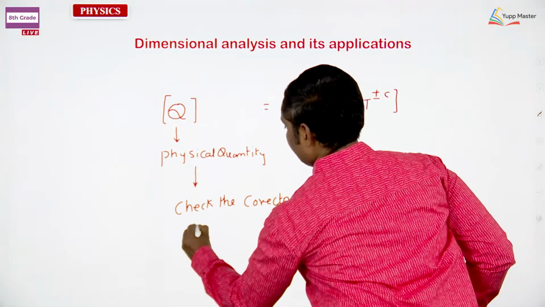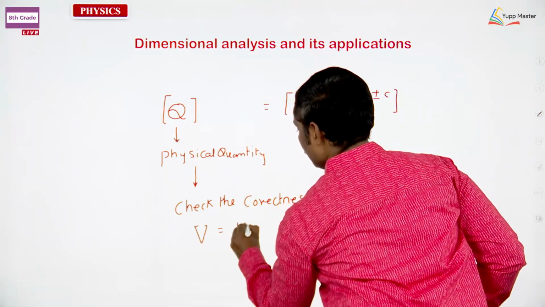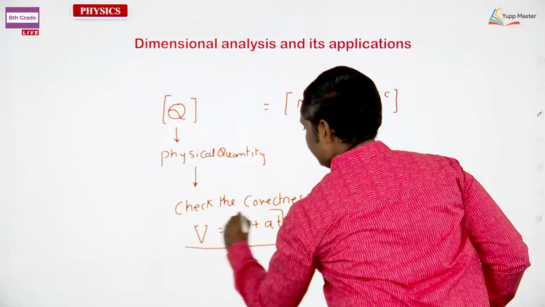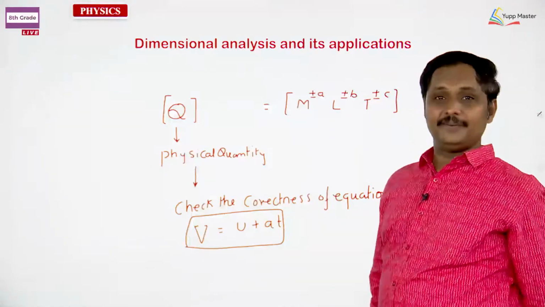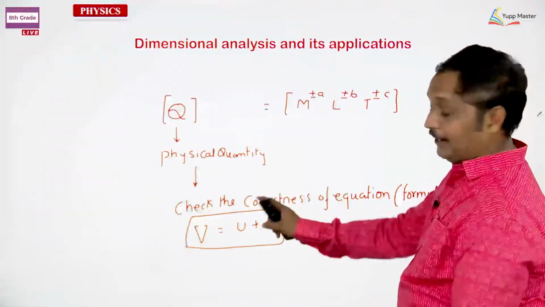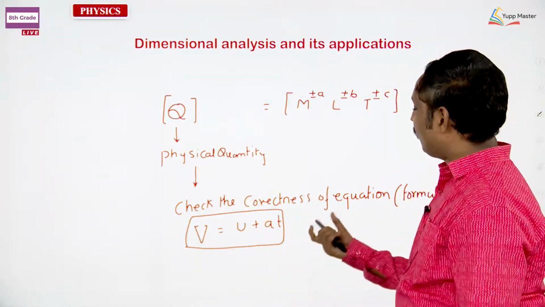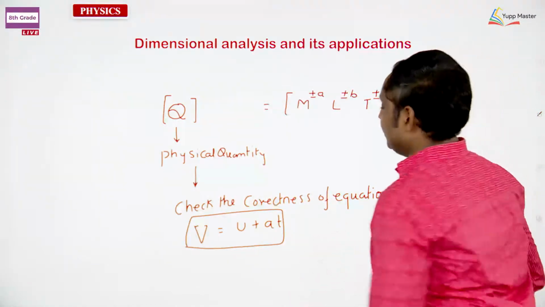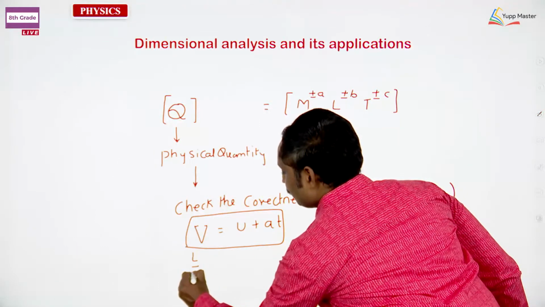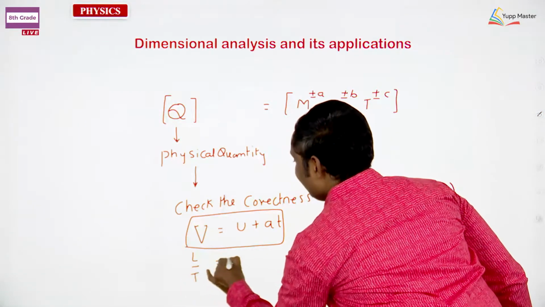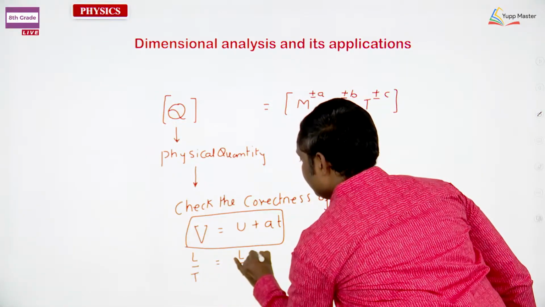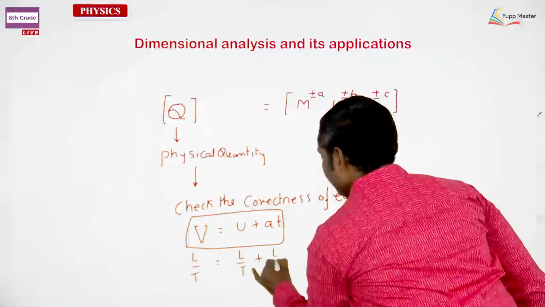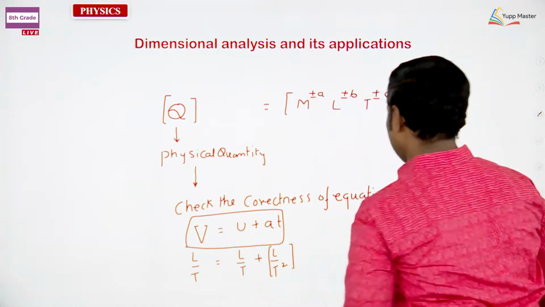Let us assume that V is equal to U plus AT. This is a derived relation. So you can easily find out whether the dimensional analysis is correct or not. To check the correctness, V is L by T, and it is going to be L by T plus L by T square into T.